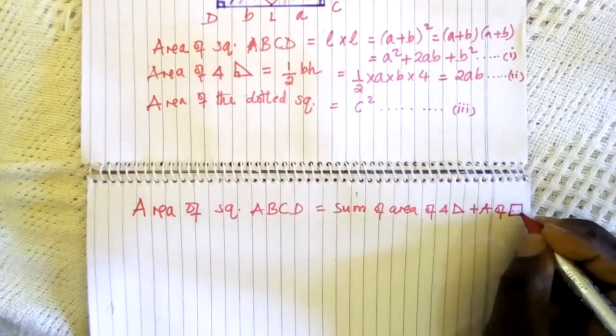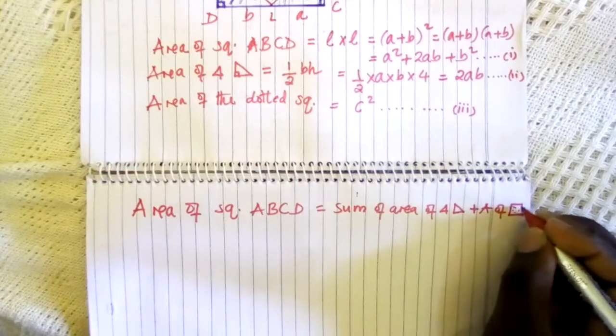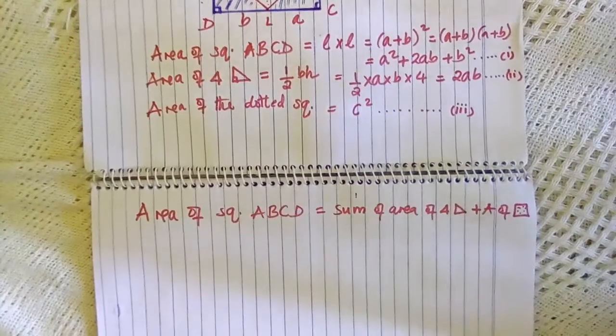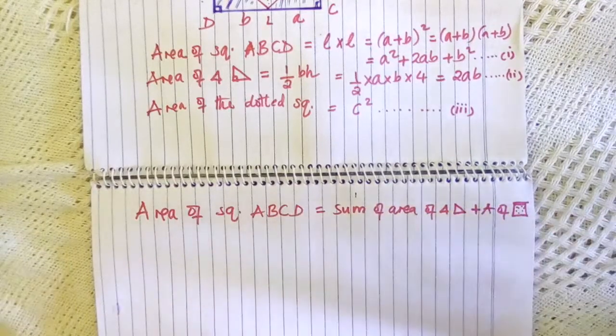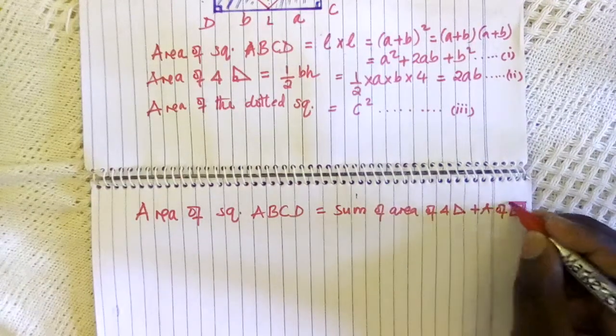Let me just put the dots to make things clear. I just named this a square, although it doesn't seem like a square. It's not drawn to scale, but you can understand it.